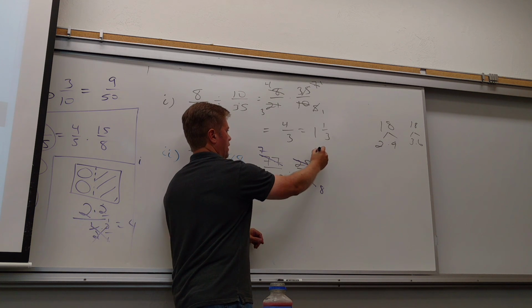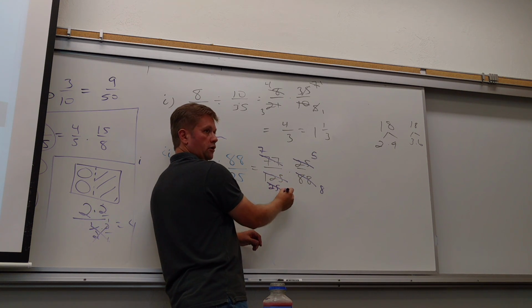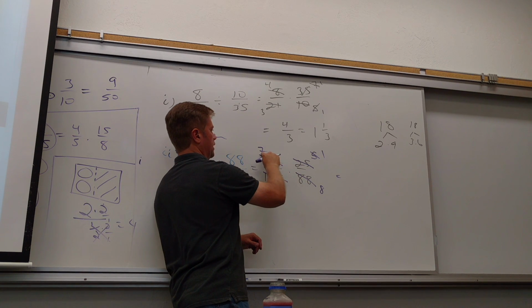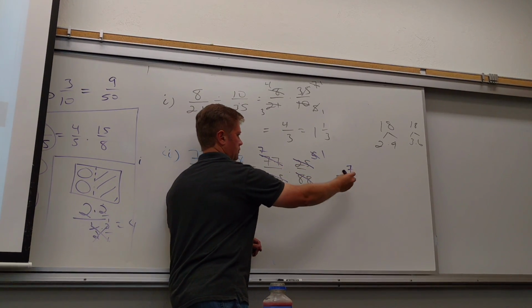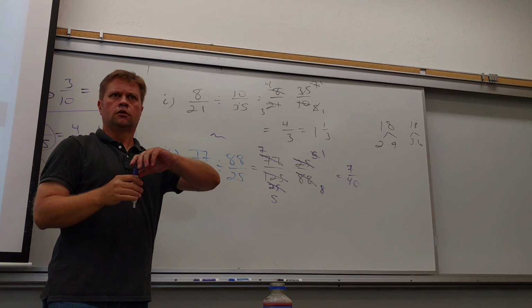So 25 divided by 5 is 5. 125 divided by 5 is 25. But then 5 goes into 20. You can keep going. So now keep track of your survivors. 7 times 1. 5 times 8. 7/40.